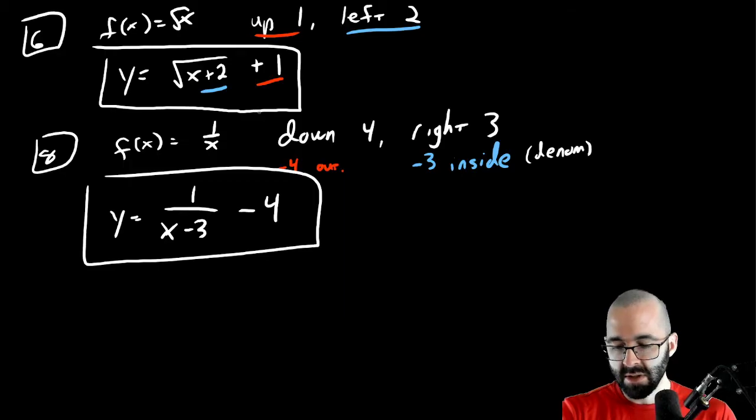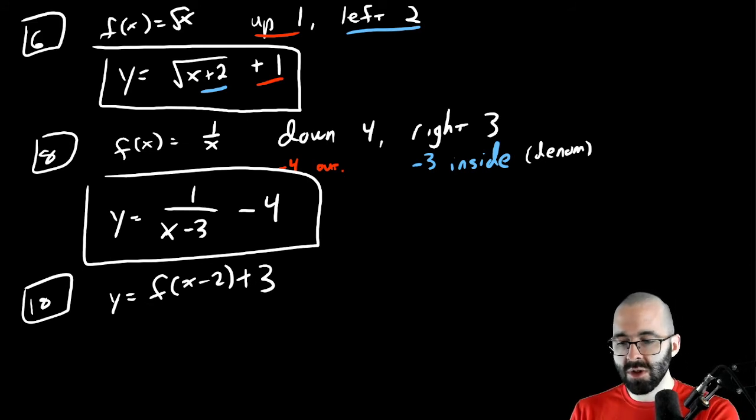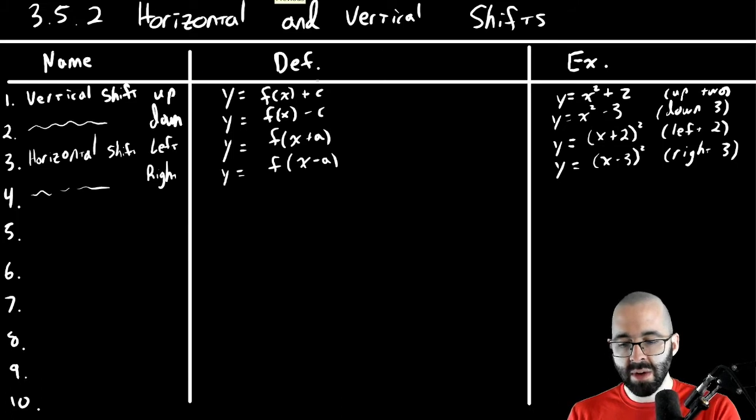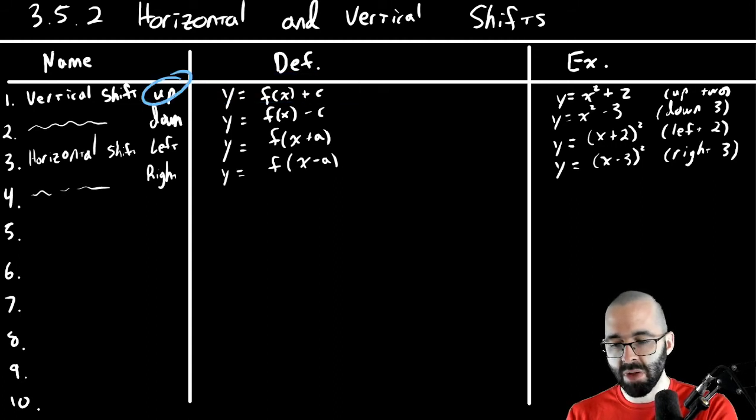Well, let's look. 18 has y equals f of x minus 2 plus 3. So there's two transformations here. Minus 2 on the inside and plus 3 on the outside. So the question is, what are those? Plus 3 on the outside means up 3.